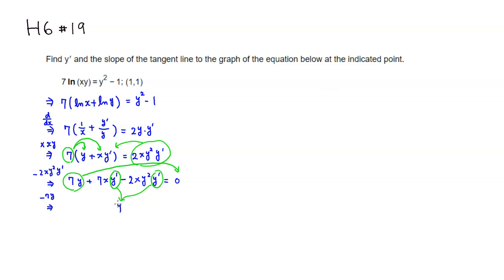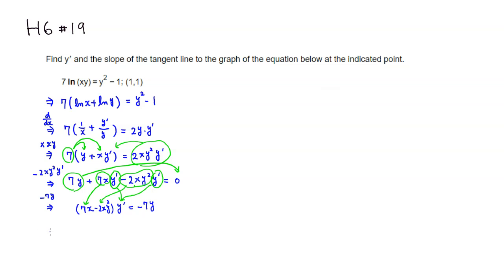So you have y prime, and from this term you have 7x, and from this term we have minus 2xy squared. And this is equal to, with 7y moved to the other side, negative 7y.